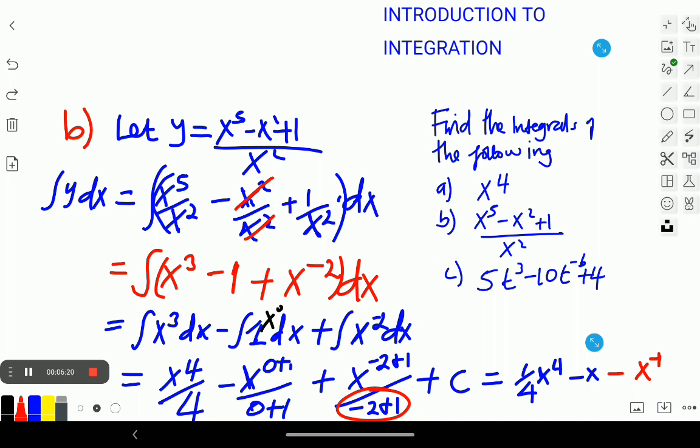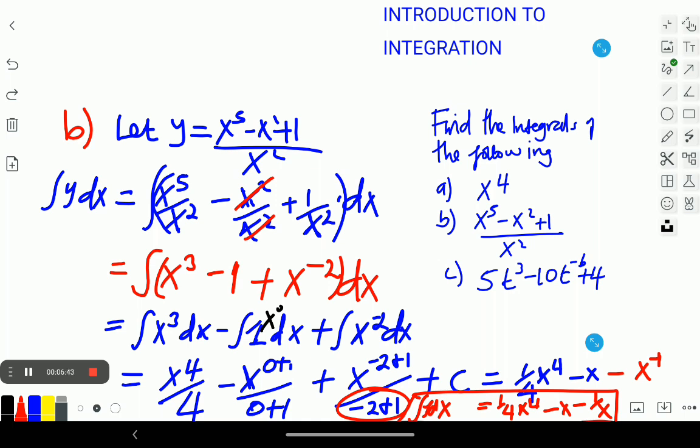We can still reduce this to 1 over 4 x power 4, then minus x, then minus 1 over x. So this is the integral of y dx. So this is the solution for that part.